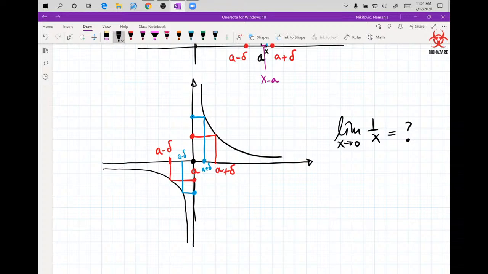So limit does not exist, and you see that this one is shooting this way, this one is shooting that way. They do not collapse into the same y value, and because of that we say, hey, there's a vertical asymptote there, because they shoot to infinities.